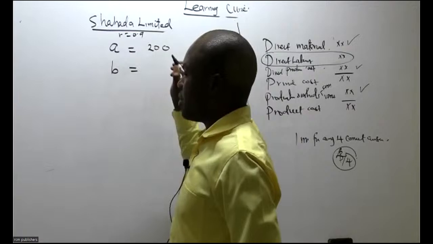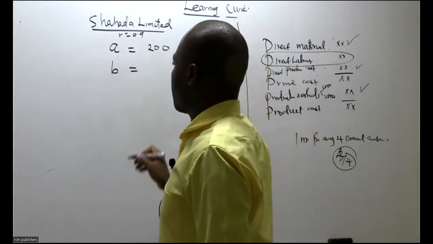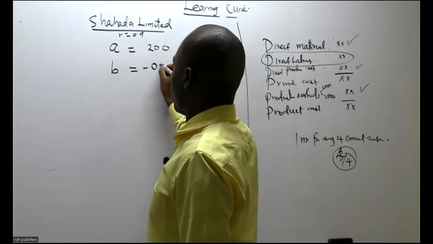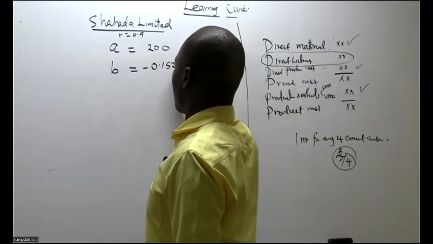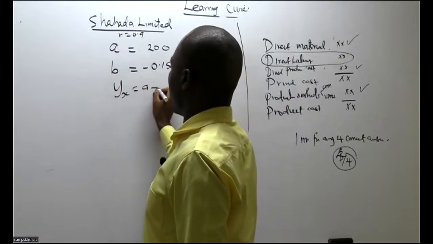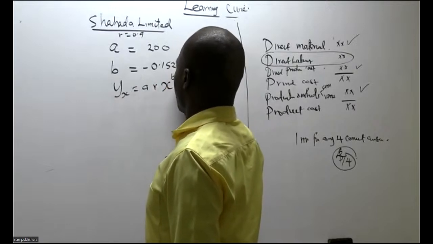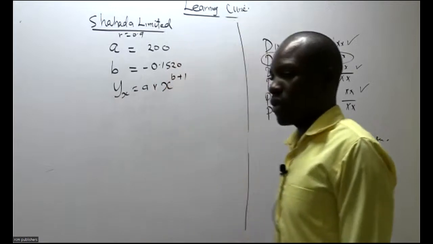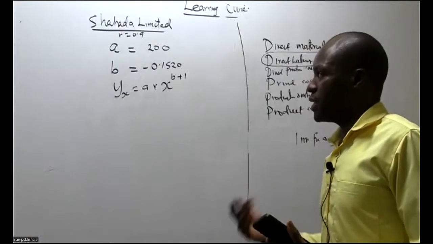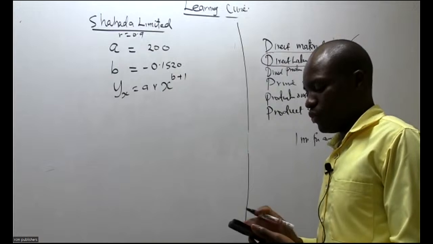Log R divided by log 2 is giving us negative 0.1520. And we know that y, x is equal to A multiplied by x raised to power B plus 1. So that one we know very well. Let's now go to the question and identify what the examiner wants us to do.